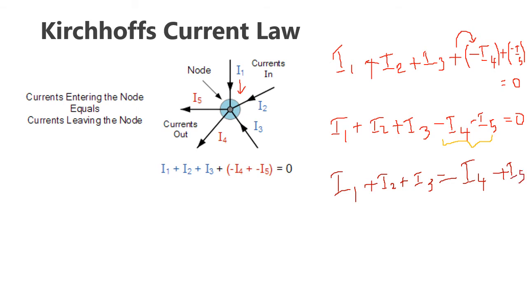This is what Kirchhoff's law represents: the currents entering the node equal the currents leaving the node. These are the currents leaving the node.